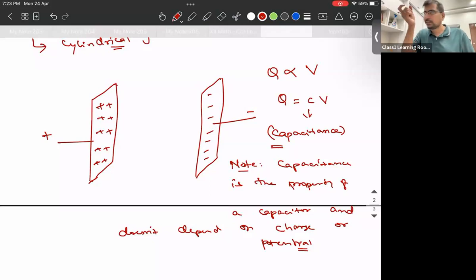For a capacitor, its capacitance is fixed, so you cannot increase the charge on it beyond a certain limit. You can keep increasing the charge by increasing the potential, but that will stop at a particular point, till it reaches the maximum capacitance. Beyond that, you cannot give charge. So that is the meaning of this statement: this is the property of a capacitor and does not depend on the charge or potential.